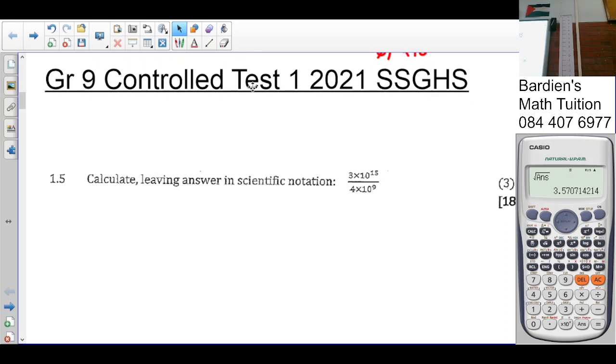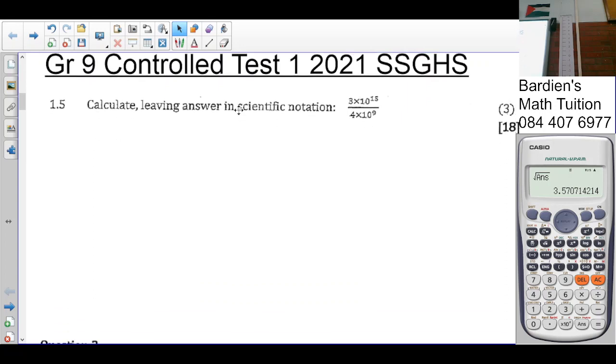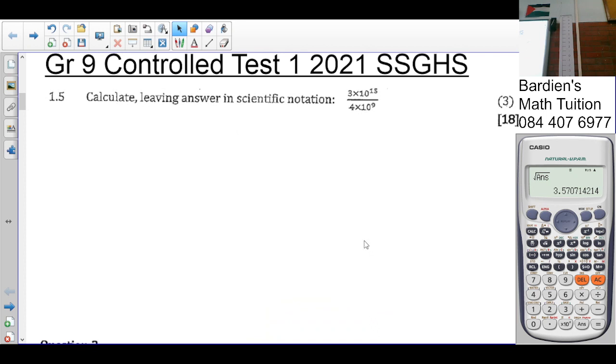The next one, calculate, leave your answer in scientific notation. 3 divided by 4 is 3 over 4, which is 0.75, times 10. 15 minus 9 is 6. But is that in the right scientific notation? No. Where must the comma be? After the 7.